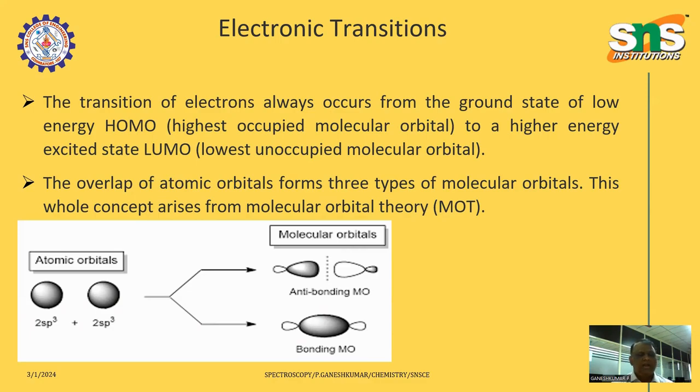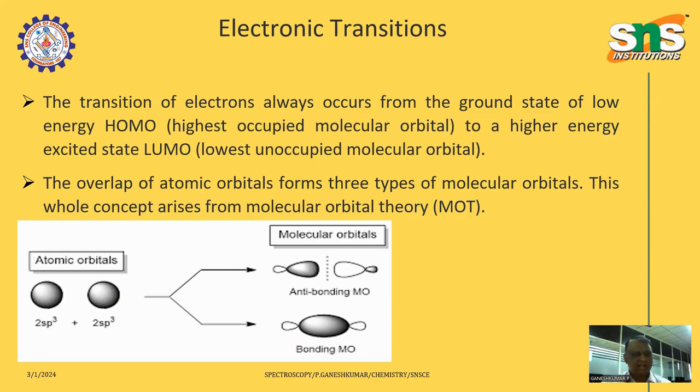That means atomic orbitals can combine to form a molecular orbital. For example, one atom has an atomic orbital, another atom has an atomic orbital, and both combine together and a new orbital is formed, which we call a molecular orbital, like H and H combine to form H2.